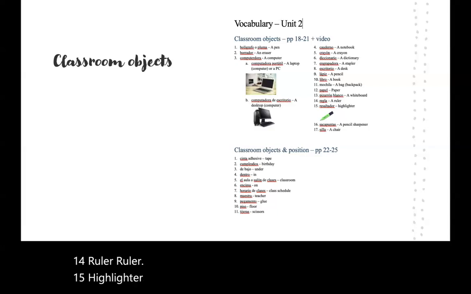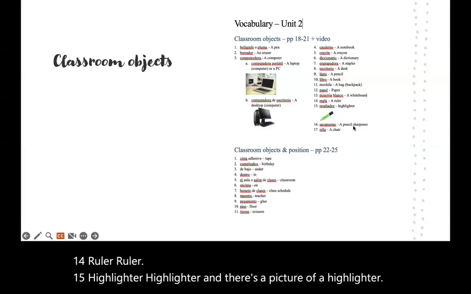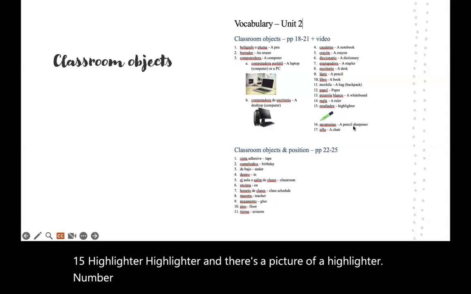And there's a picture of a highlighter. Number 16, pencil sharpener, pencil sharpener. 17, chair, chair.